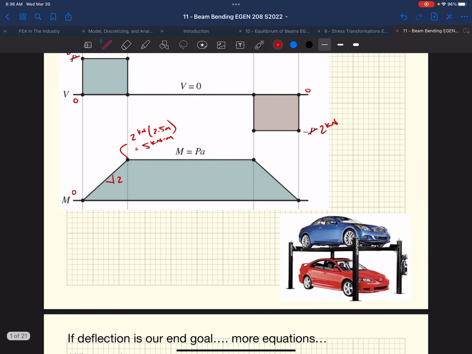If I was designing this car lift system, right, I want to know what stresses are. I'd be asking myself, what is the maximum stress at top and bottom of this member? We'll talk about why that is.